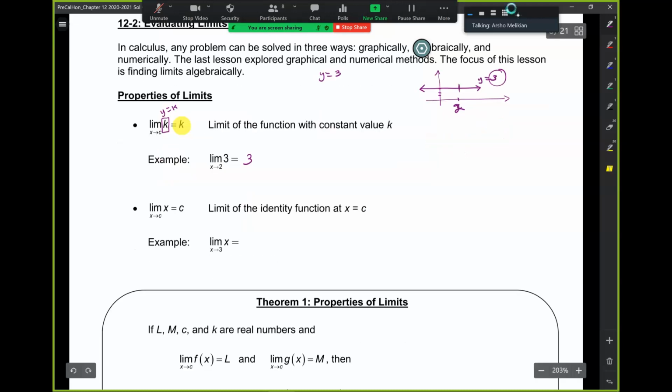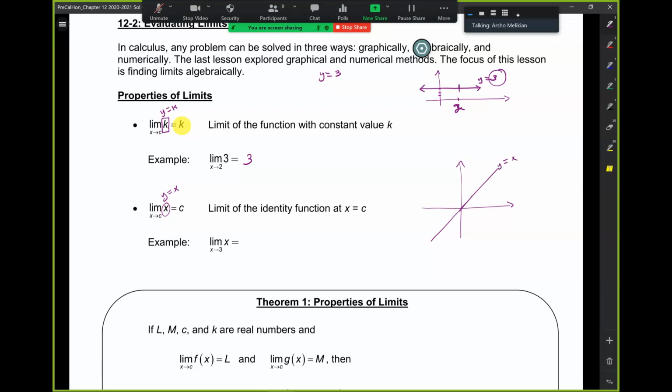Now, what if you have the limit as x approaches c of x, this time y equals x? Let's graph y equals x. What does it look like? It looks like this.